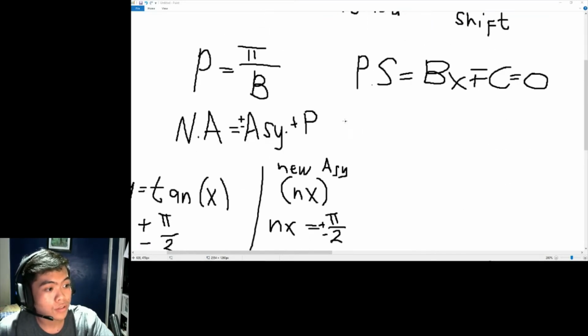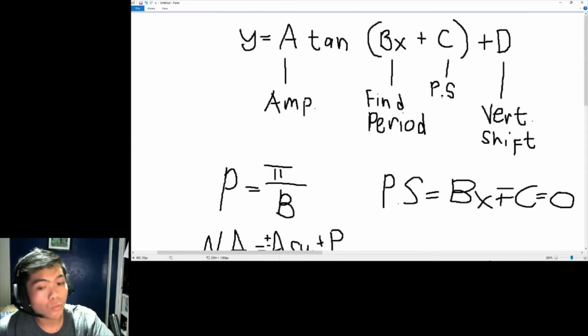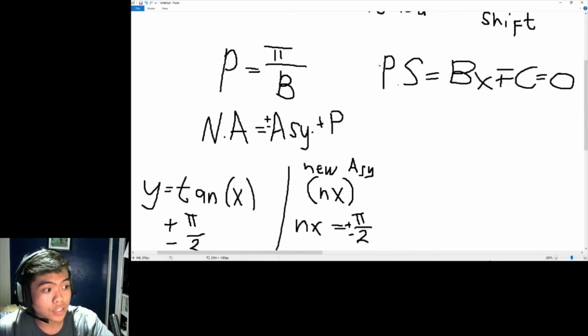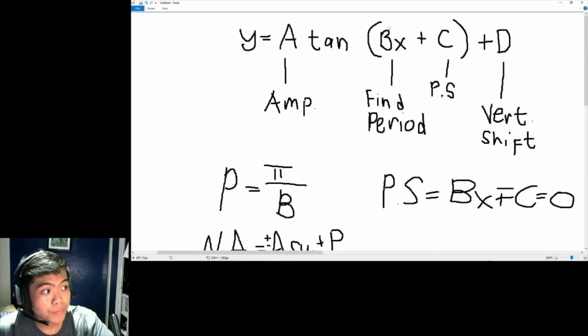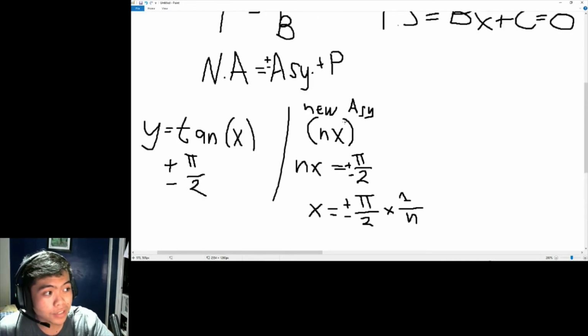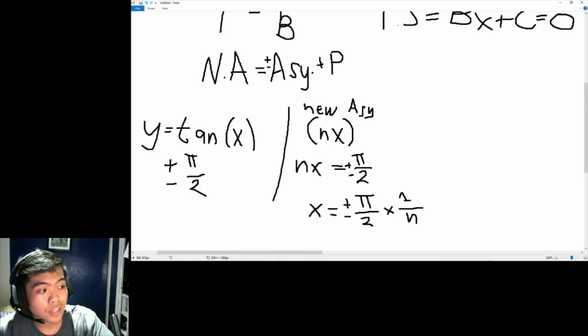So now, if you only have 1 with the X, automatically, if the B is 1, the vertical asymptotes will be positive and negative pi over 2. That's where you'll automatically start if your B is 1. If it's 2 and up, you will equate it to positive negative pi over 2.